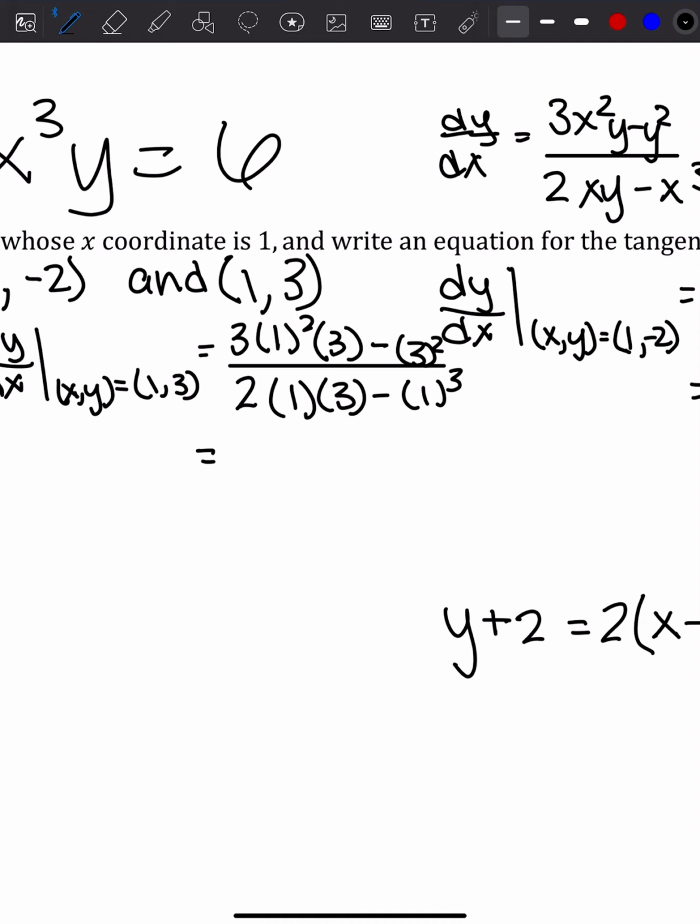Thankfully, all the stuff with ones is kind of a moot point a lot of the time. So 1 squared is 1, 3 times 3 is 9, 3 squared is also 9. Dividing by 2 times 3, which is 6, minus 1 cubed, which is 1. So what we have here is 0 over 5, which is 0. So the slope at 1, 3 is 0.